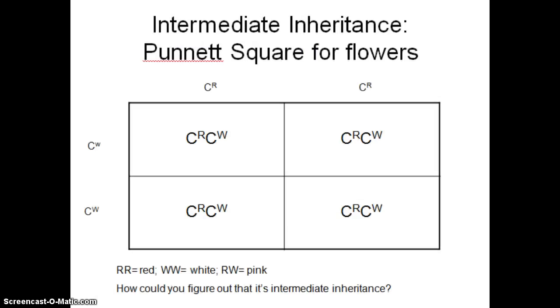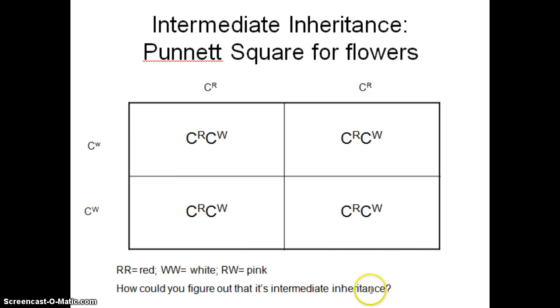Here's our Punnett square for another flower. It's actually called a snapdragon that is inherited from an intermediate inheritance pattern as well. CR, the R would be red, so this is a red flower at the top, CR/CR here, and that's mated with a white flower, CW/CW. When we cross that, we see that all of the offspring are CR/CW, and those would be pink flowers.